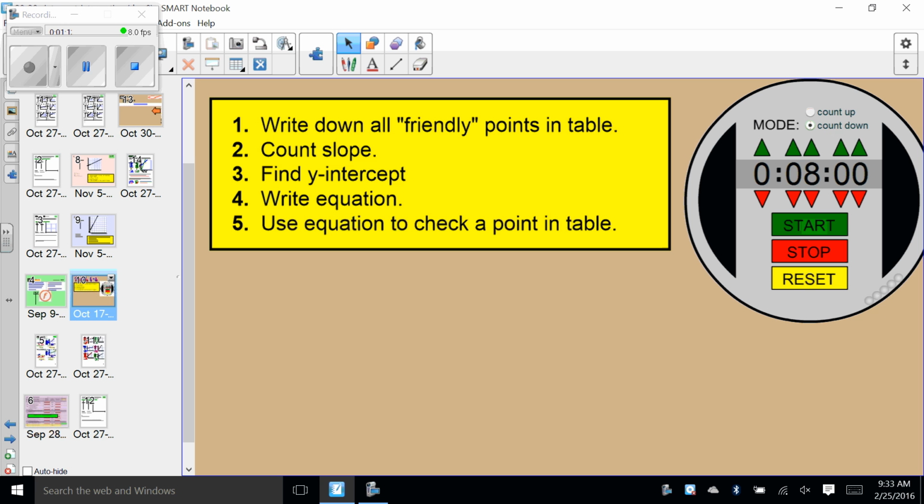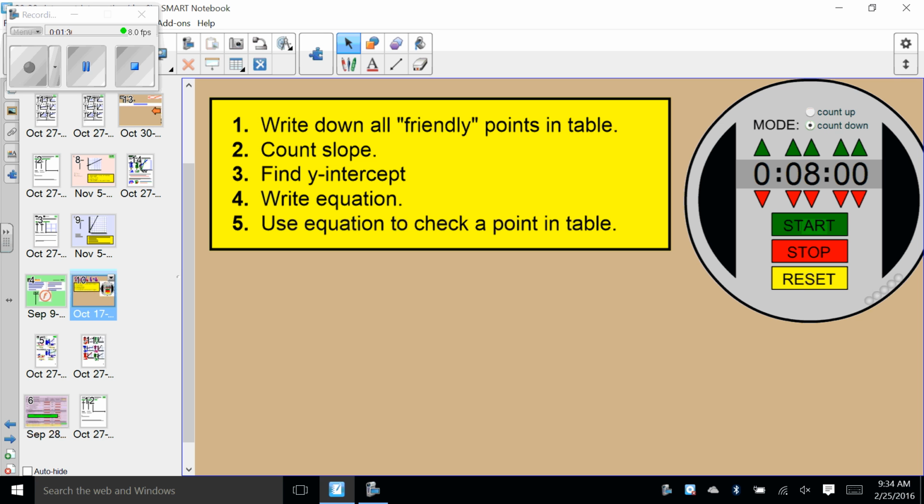Everybody should be copying down those 5 steps. If that's too fast, go ahead and pause the video. Otherwise, we're going to move on.